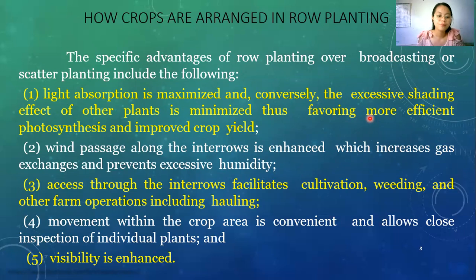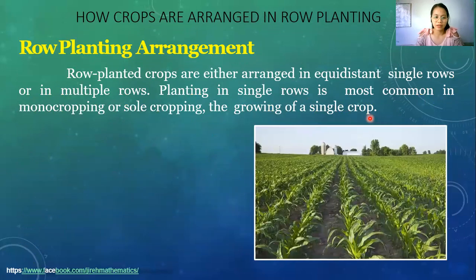And number 4, movement within the crop area is convenient and allows close inspection of individual plants, and visibility is enhanced. So you can see almost all of your plants and whether they are growing well in this type of planting arrangement.